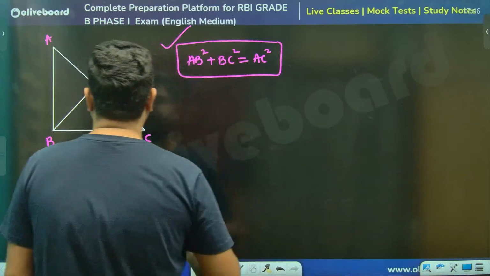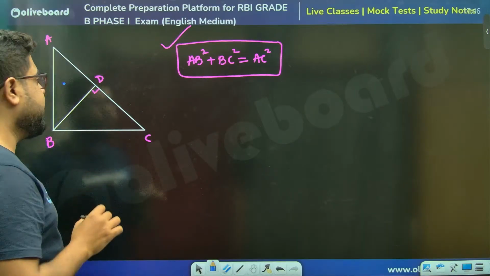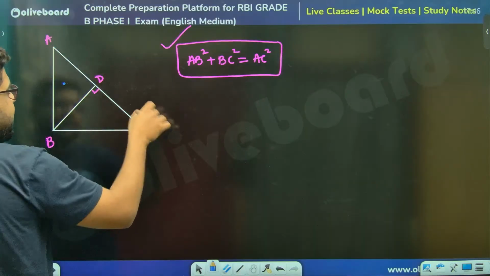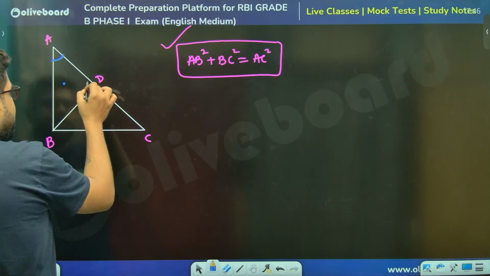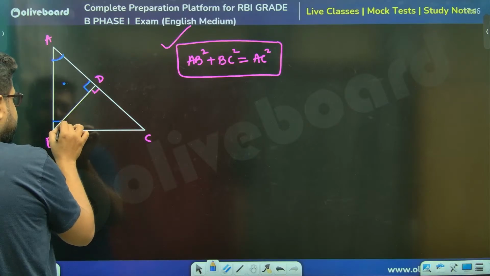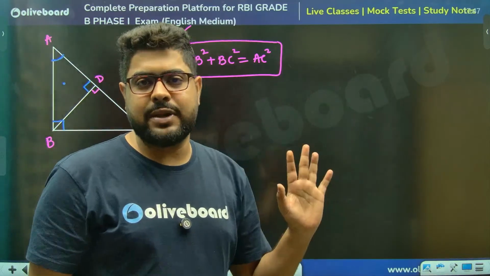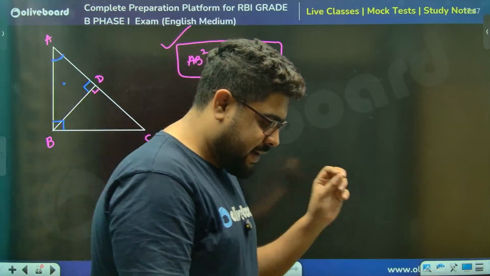You take the smaller triangle ABD with the larger triangle ABC. This angle is common. In the smaller triangle, this is 90 degrees, in the larger triangle, this is 90 degrees. So two angles are common, which means the third angle must be common. That's one conclusion we can draw 100%.